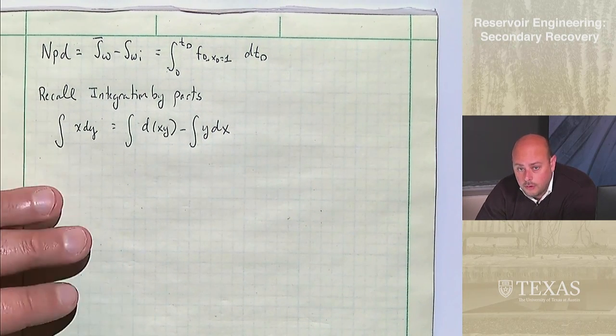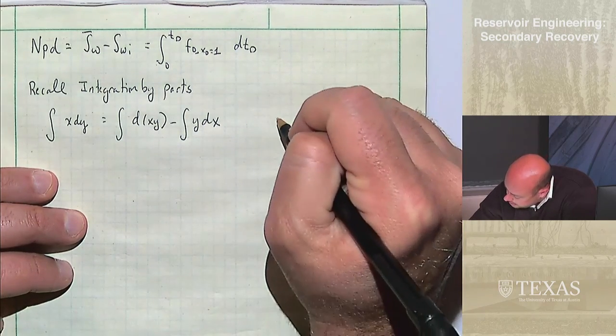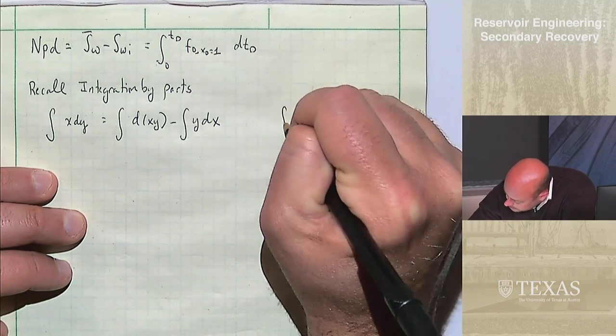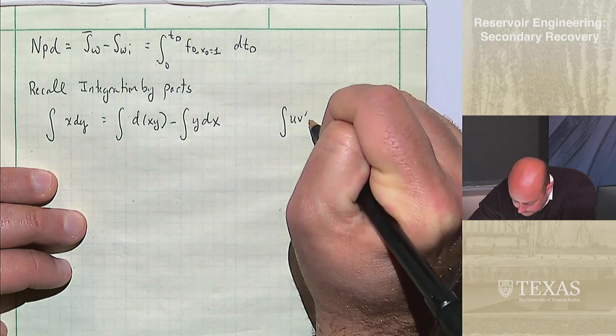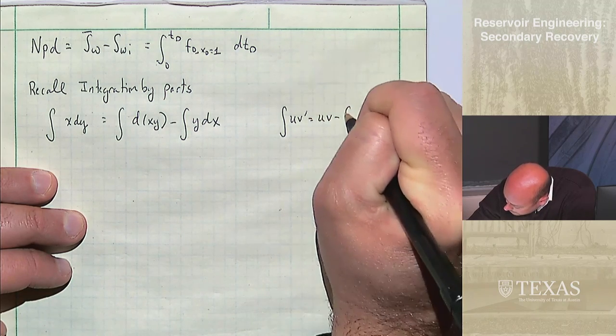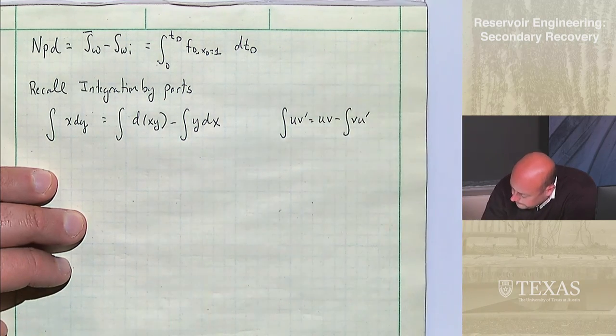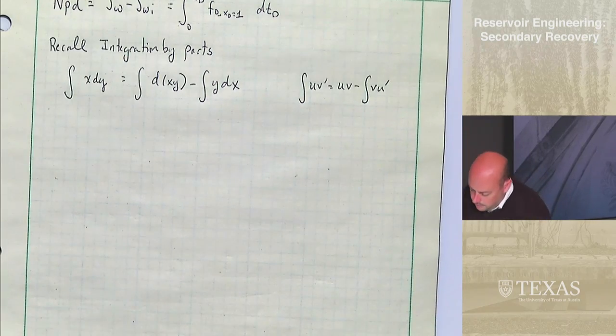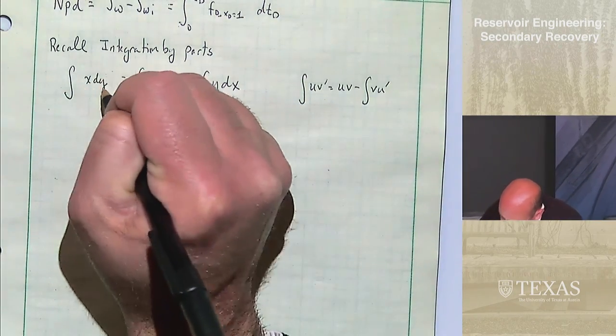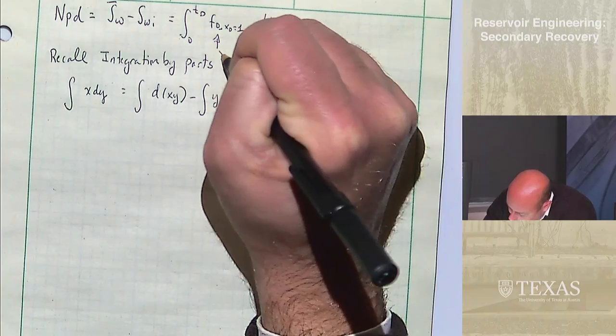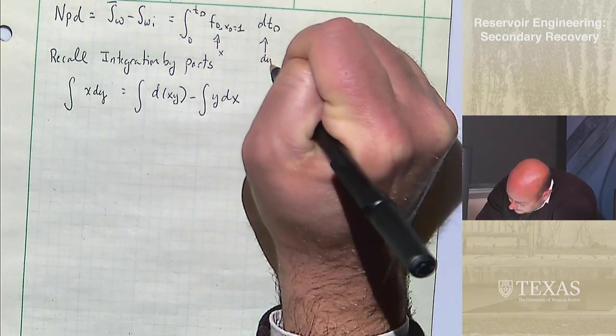Okay, or if you learned it like I did, it's a long time ago now, the integral of uv prime is equal to uv minus the integral of vu prime. Okay, so in this analogy, this is the integral of x dy. So this is x, and this is dy.